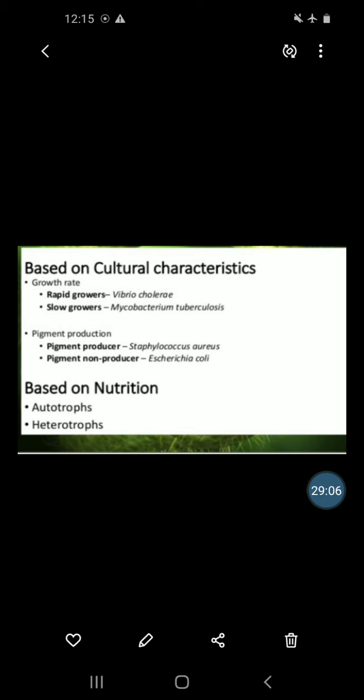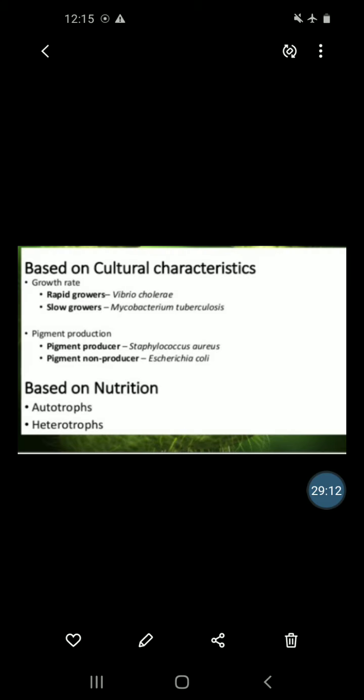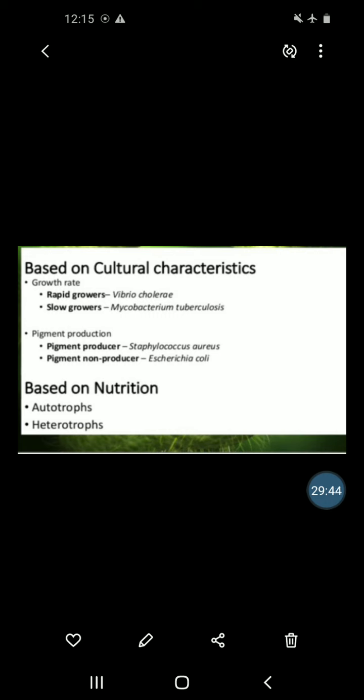Pigment producer, for example Staphylococcus aureus, and pigment non producer, Escherichia coli.